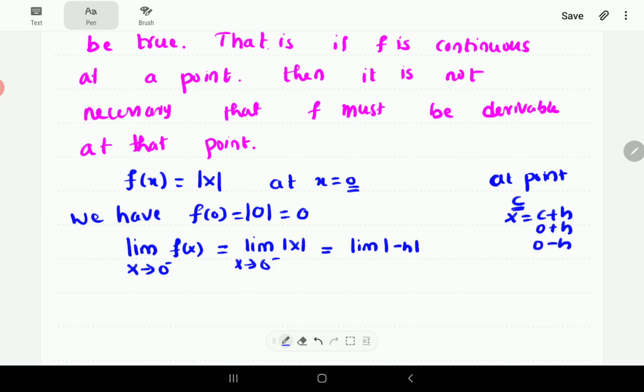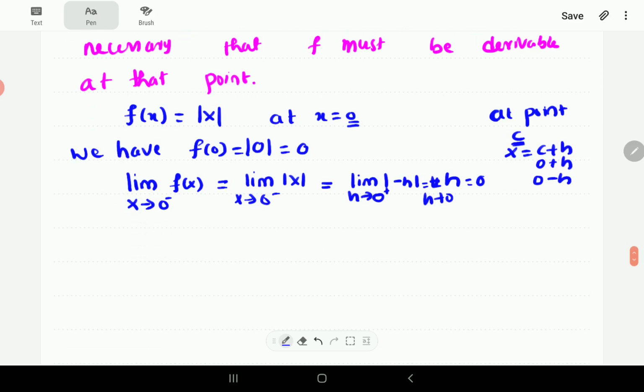Now 0 minus h is nothing but negative h, as h tends to 0 plus. Since it is a modulus function, this will be h. As h tends to 0, this will give me 0. This is our left hand limit.